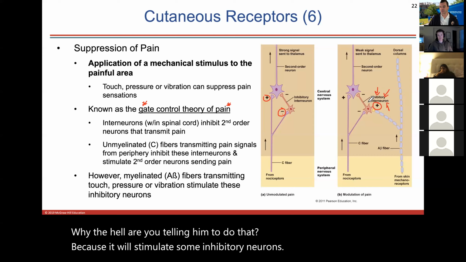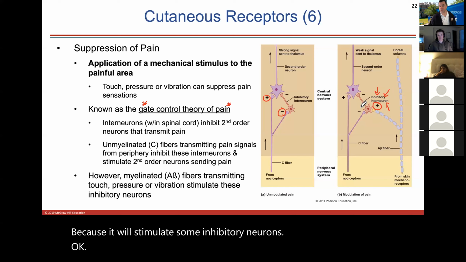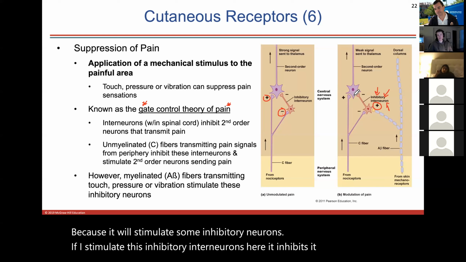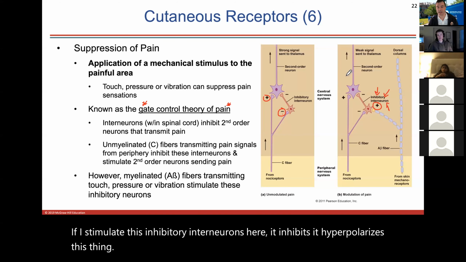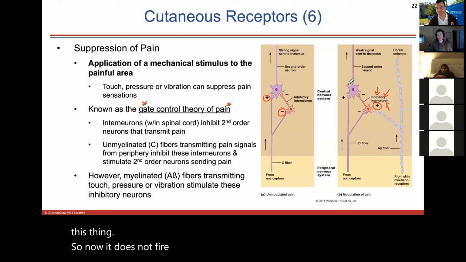Okay. If I stimulate this inhibitory interneuron here, it hyperpolarizes this thing. So now it does not fire as much. And I don't feel the pain as much until ultimately I've stimulated this pain receptor here and it's not firing at all.